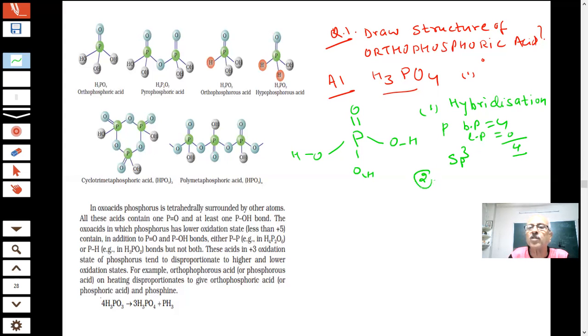Now, second question: what is the basicity of orthophosphoric acid? All these questions have been asked in the paper. What is the meaning of basicity? How many ionizable hydrogens?